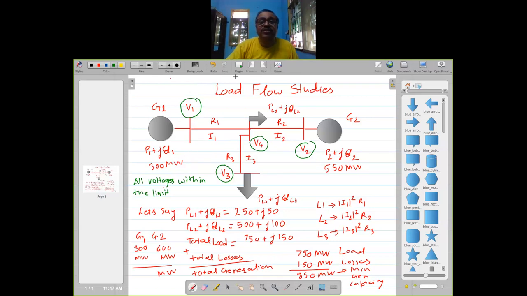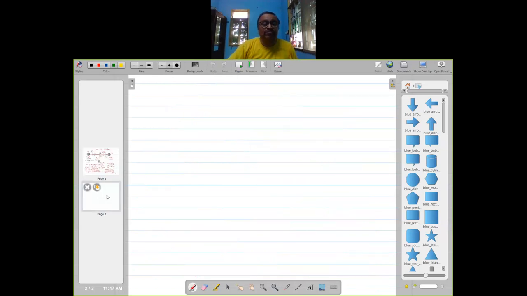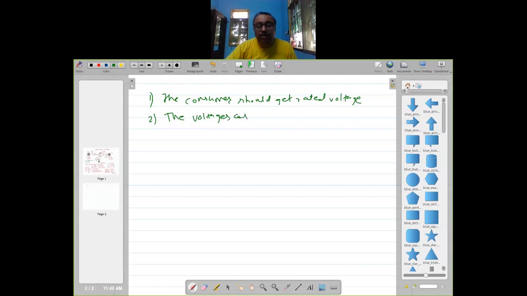So I will just take another page. So my first requirement is the consumer should get rated voltage, or in other words, the voltages at all the buses should be within limits, which is generally plus minus 5% of rated voltage.